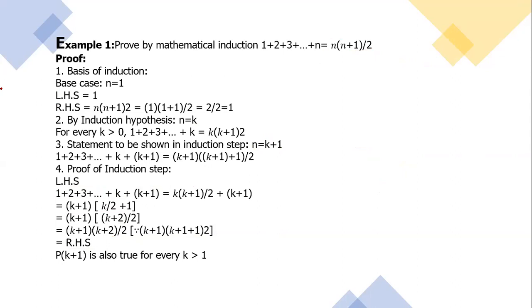Yes, ma'am, it's clear. Just substituting the base case, that is n equal to 0 or n equal to 1. Then induction. In this induction, we substitute n equal to k and k plus 1. Just substituting these values in the equation and proving that both the left hand side and right hand side are equal.